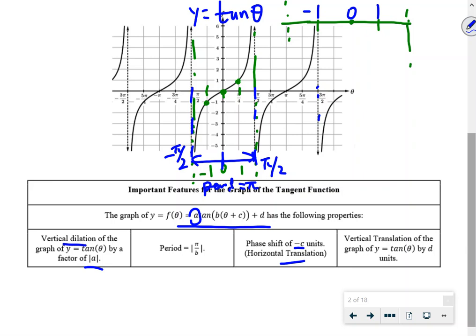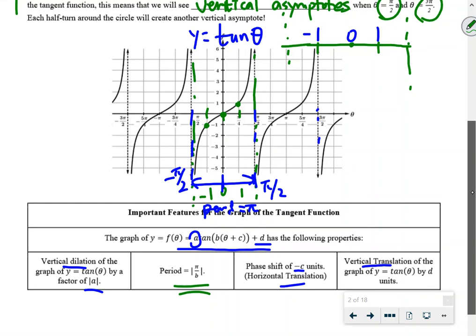C value, horizontal translation, right or left. P value going up and down, vertical translation. The only difference from sine or cosine is the period. For sine and cosine, we are doing 2 pi over b to find the period. Tangent is 1 pi over b. 1 pi over b, not 2 pi over b.